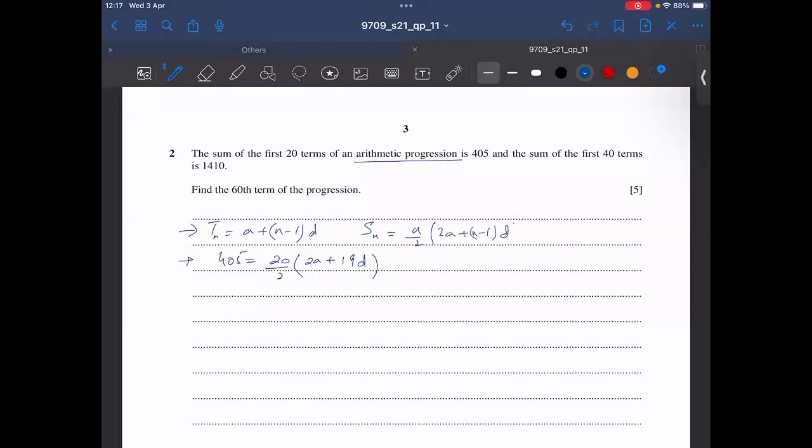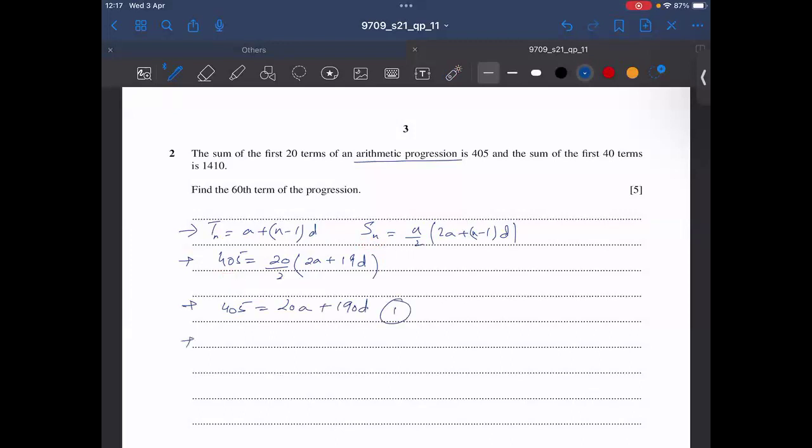So I've just substituted here in place of S20, 405, 20 over 2, 2a plus 19d. And if I simplify, it's going to become 405 equals 10 times 2 is 20a plus 10 times 19 is 190d. That is going to be one equation.